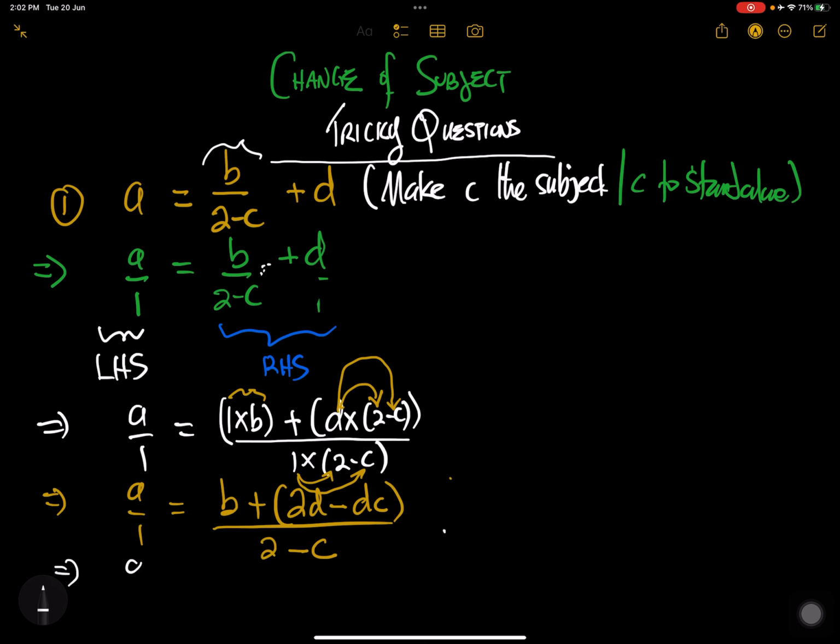Finally, we have A divided by 1 equals B plus 2D minus DC all over 2 minus C.